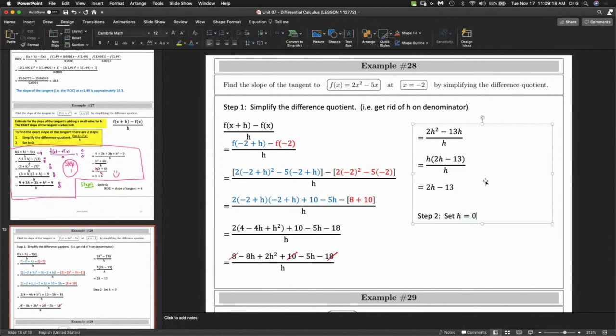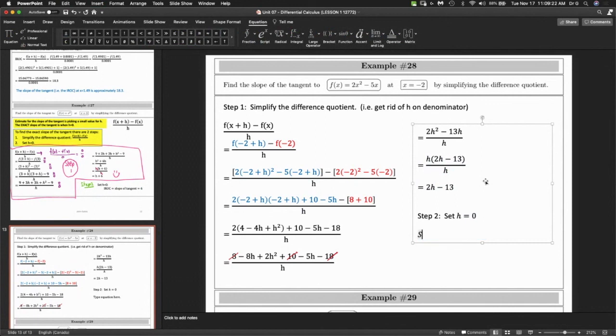Set h equal to 0. So the slope of the tangent, which is the same as instantaneous rate of change.